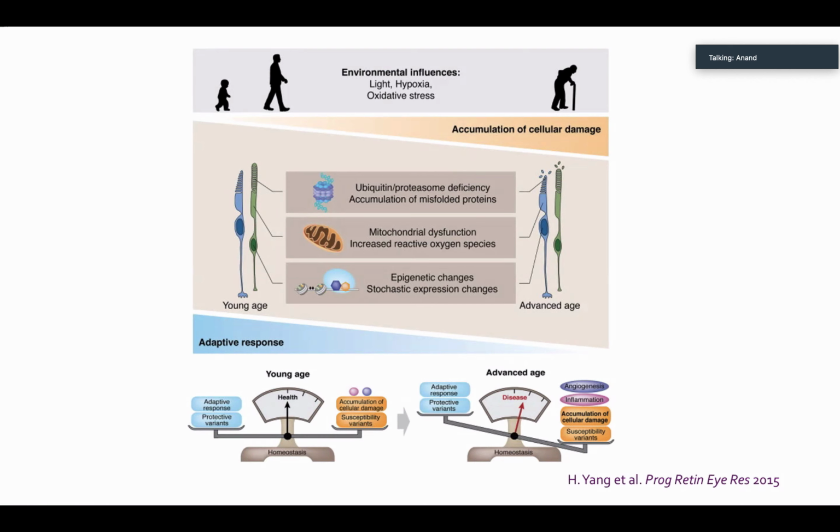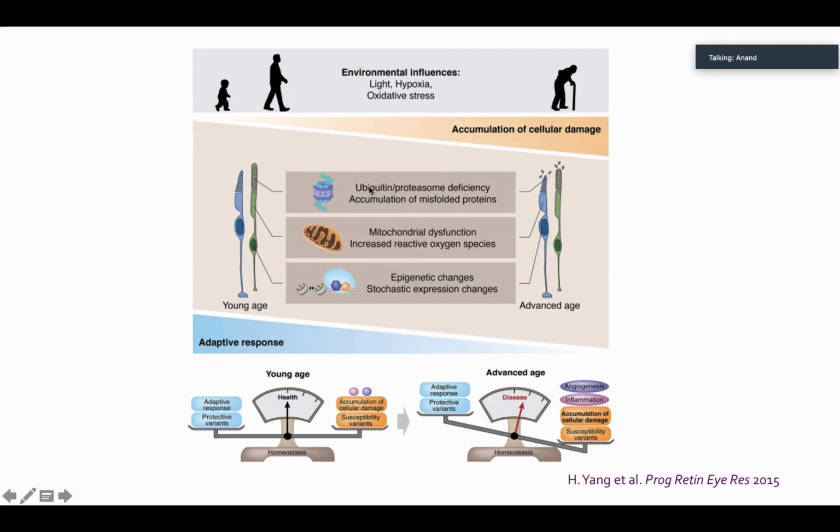And I don't want to take any credit from that, but we synthesized it to put together what is going on as we age. You have tons of these environmental influences: light, hypoxia, stress, different kinds of damage that accumulate in the retina. And in photoreceptors, these are sort of crying. These are tears of these photoreceptors.